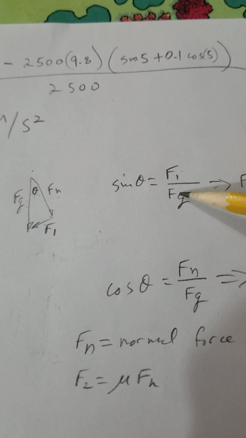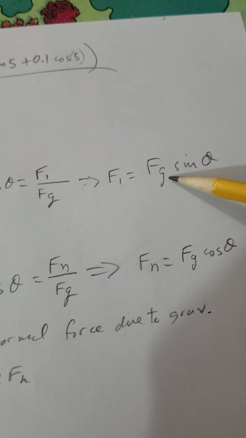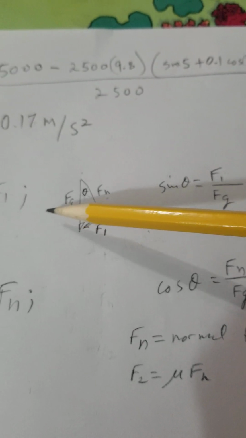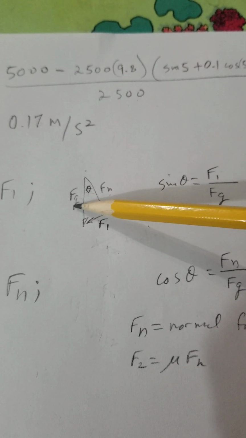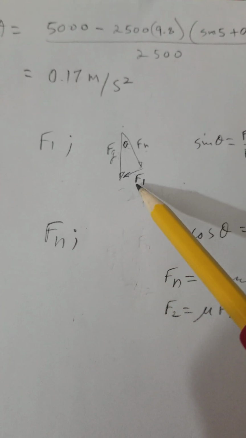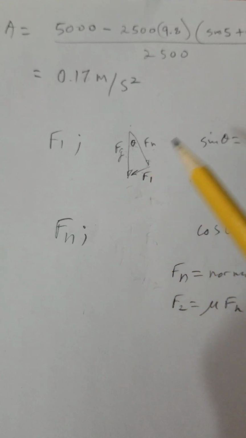A little algebra, and F1 equals Fg times the sine of theta, but I know that Fg is equal to mg. And so that's cool, I've got one of those downward forces that's parallel to the road.